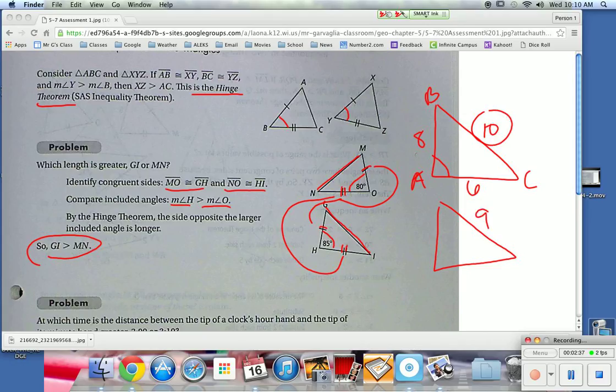Let's call this 9, 8, and 6. This is still your greatest angle, but now we can say that 10 is greater than 9, so this BC is greater than this BC, based on our angles being different.